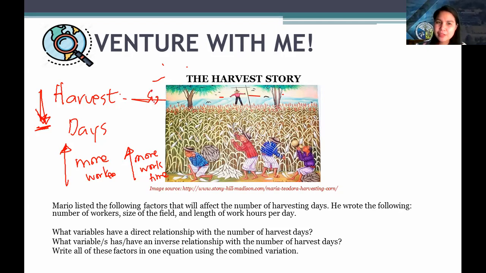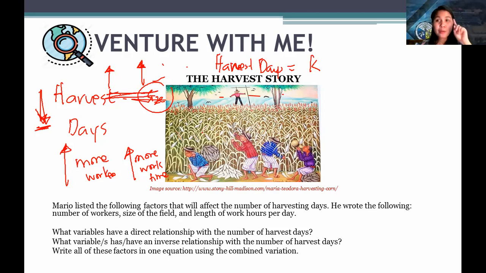What else? Sometimes they say the size. If the size of the farm is big, then we need to have more harvesting days. Now, how do we write this in a combined variation? We say harvest days is equal to K, don't forget K. Now, the size is a direct variation.